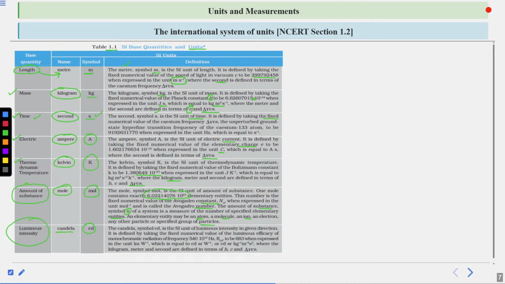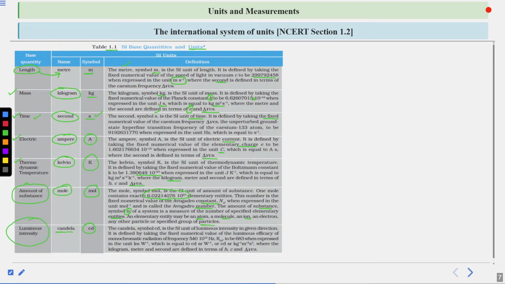So let's move further. Derived quantity means the quantities which are derived from base units.